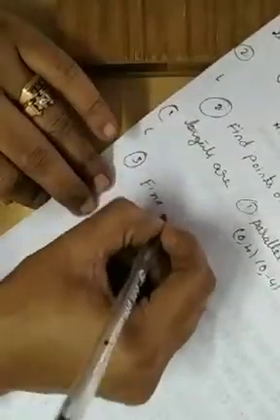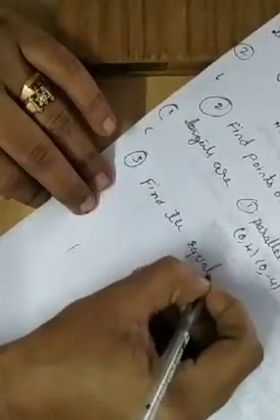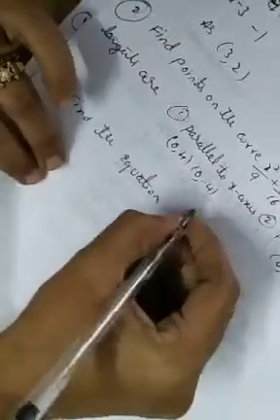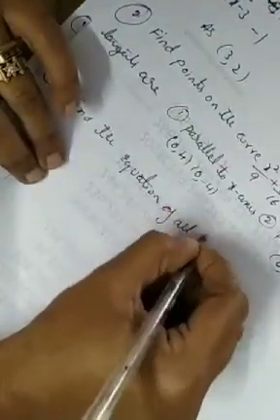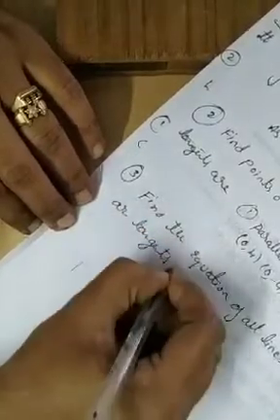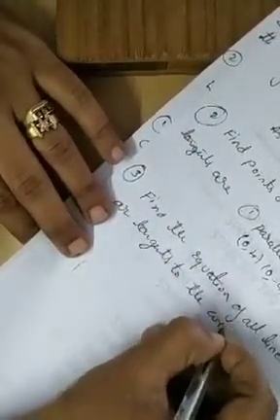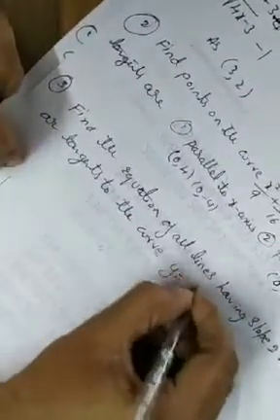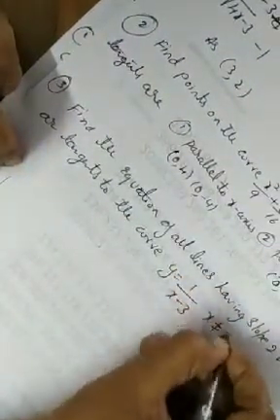Next homework problem. It is the same as the previous problem. Find the equation of all the lines having slope 2 which are tangents to the curve y is equal to 1 by x minus 3, where x is not equal to 3.